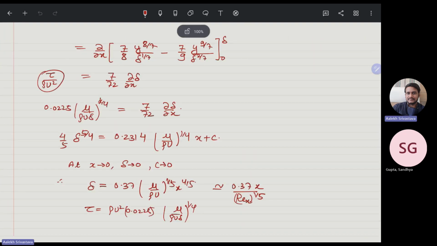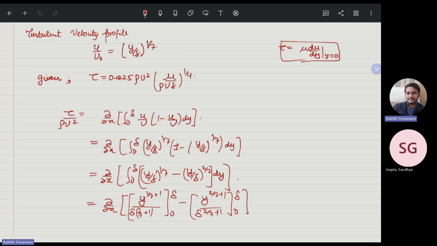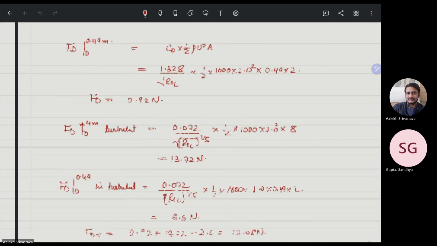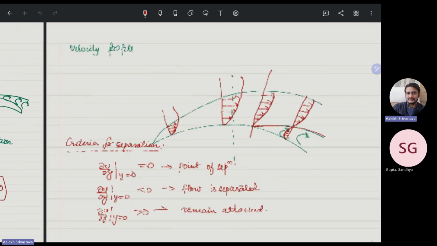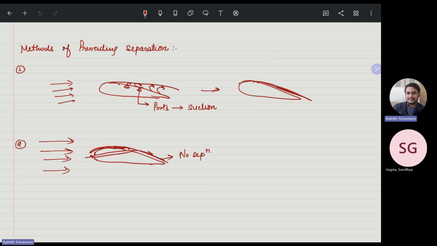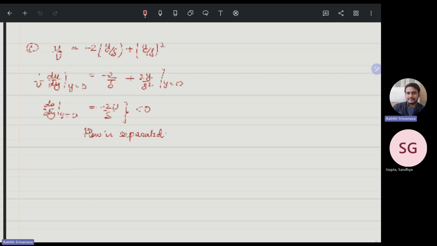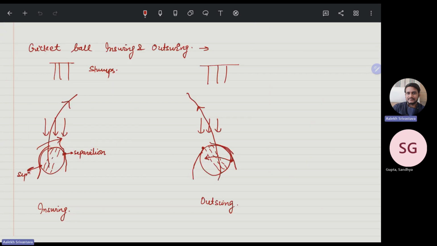And today we discussed one fundamental equation, the pressure drag and the friction drag, and separation of the boundary layer. What is the criteria for separation? How to prevent separation? And then we saw the basics of the in-swing and out-swing ball.